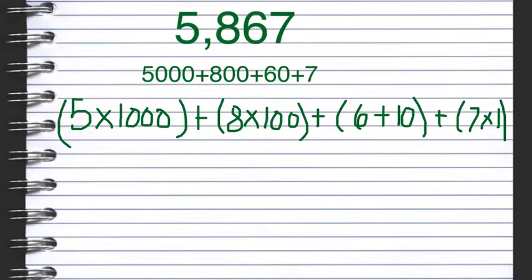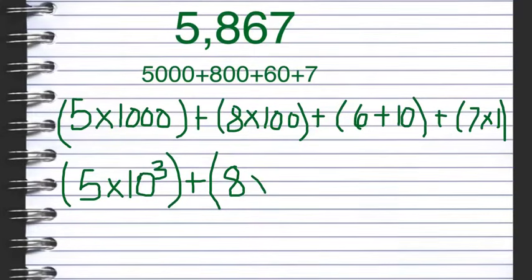You can also show this using exponents. So for example, instead of saying 5 times 1,000, I can say 5 times 10 to the third, because 10 to the third is the same thing as writing 1,000. So it's a quicker way of writing our expanded form.